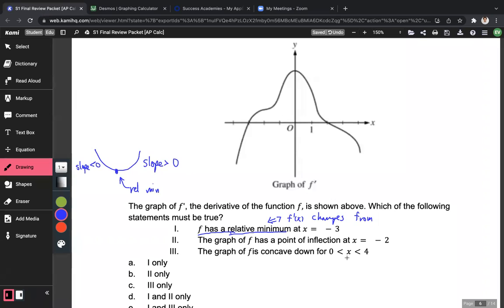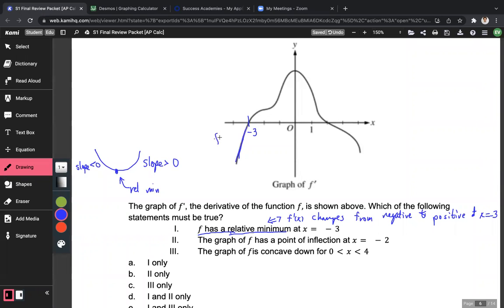So if f has a relative minimum at x equals negative 3, that means f prime of x has to change from negative to positive at x equals negative 3. So does that occur? Well, here's negative 3, and here's f prime.